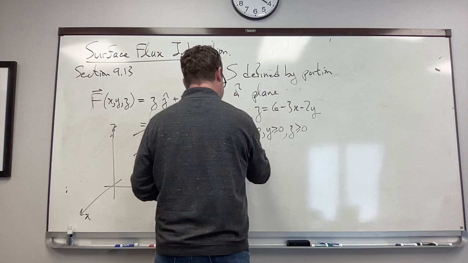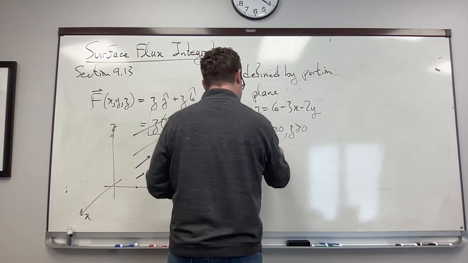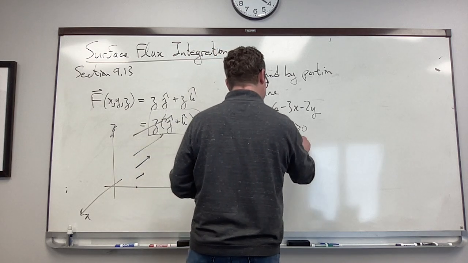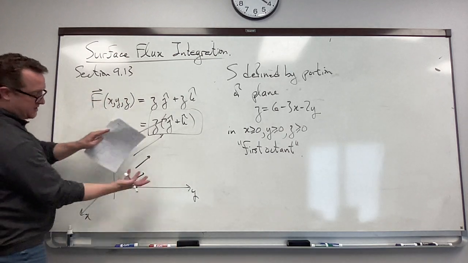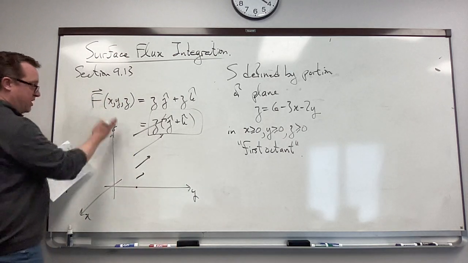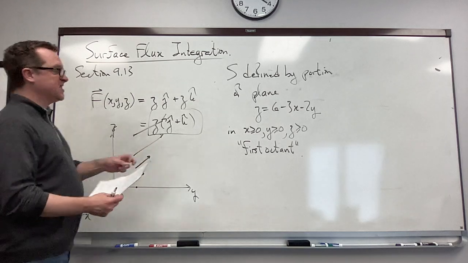This is often called the first octant. We've called it that in problems before. Basically, it's this cube of space in the positive x, positive y, positive z direction.